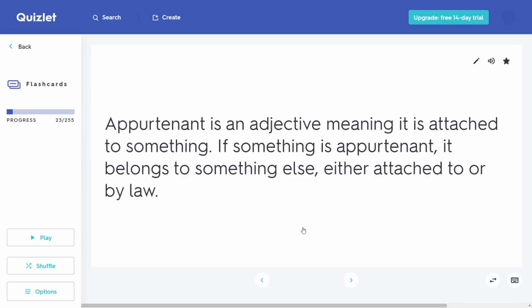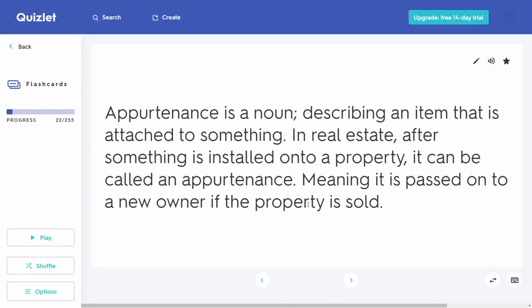We're showing these houses to this new couple, and the couple's like, "Hey, is that pool, maybe one of those pools that's outside above ground, does that pool come with the property?" And I would respond, "Yes, it's appurtenant," meaning that it comes with the property or it's attached to it. So that's the difference. This is an adjective, while appurtenance is the noun describing an item.